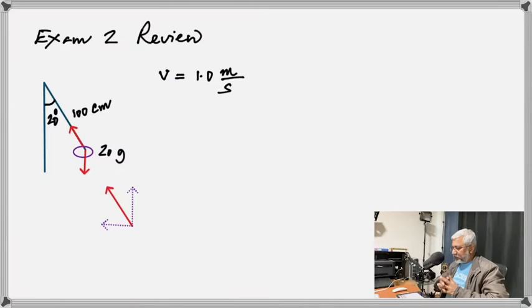The most important thing here is to understand that you have to resolve the tension in the string into its x and y components. I have shown the tension in the string right there, and that is resolved into its x component and its y component.